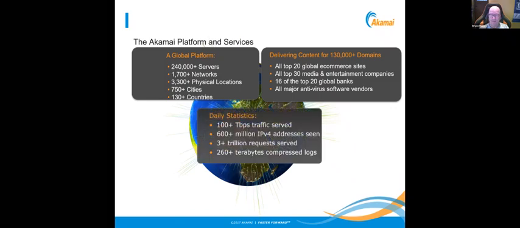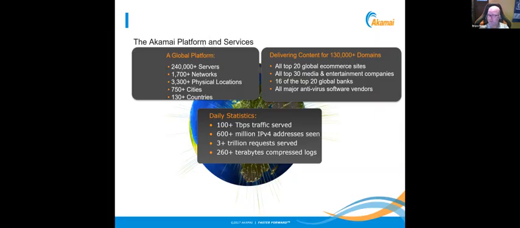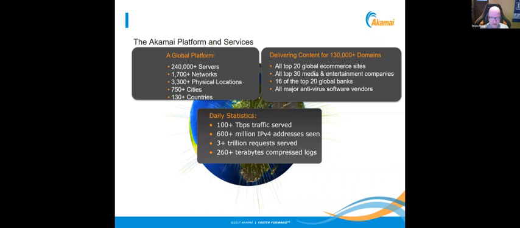Some daily statistics, Akamai peaks at over 100 terabits per second. Maybe that number is low, maybe it's higher than that now. Every day sees 600 million distinct IPv4 addresses, and today actually even more distinct IPv6 addresses, now that cellular carriers have gone to using IPv6 to assign addresses to the handsets.